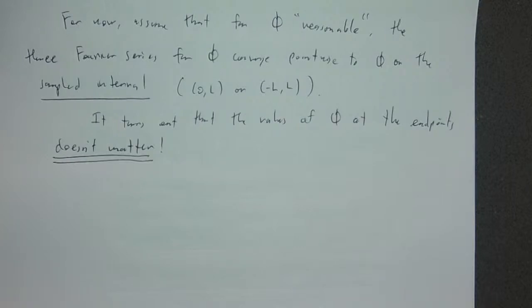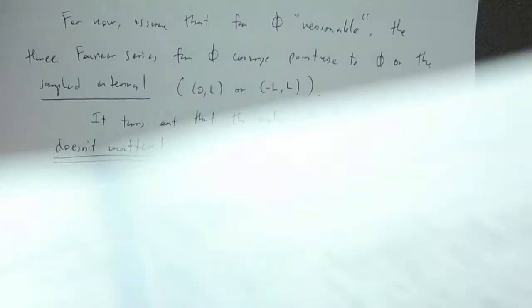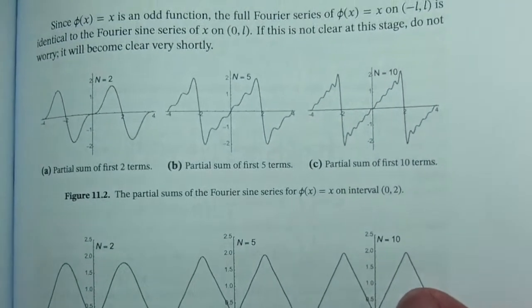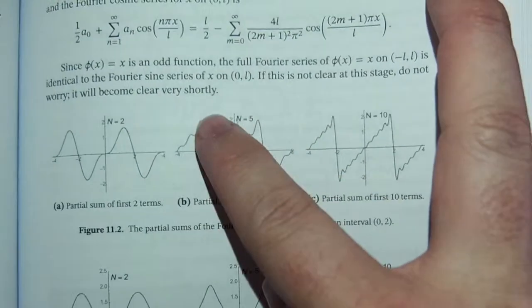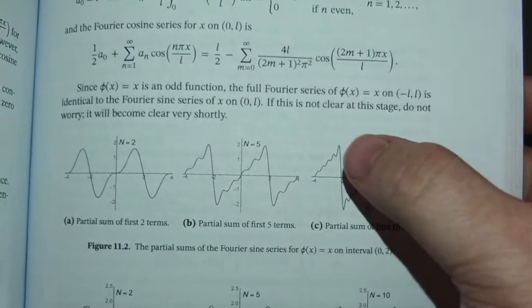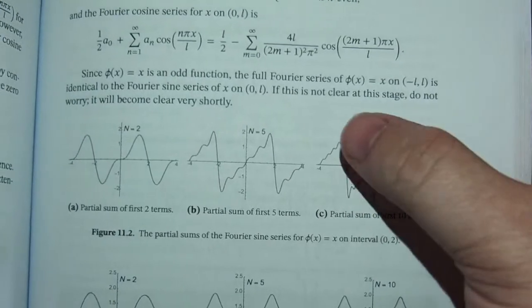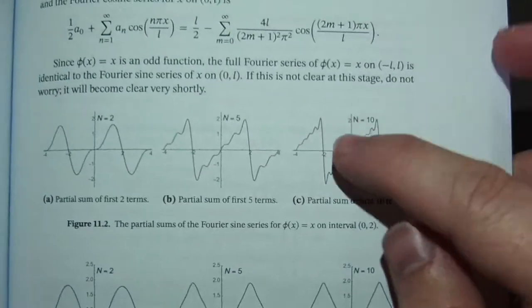Let's just go back to our nice example here. We had this picture where what phi did at the ends didn't really matter, because there's a jump discontinuity developing in the Fourier series.